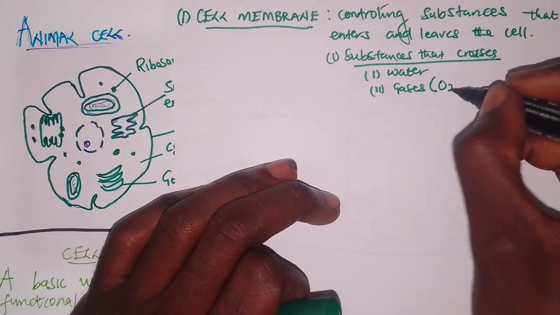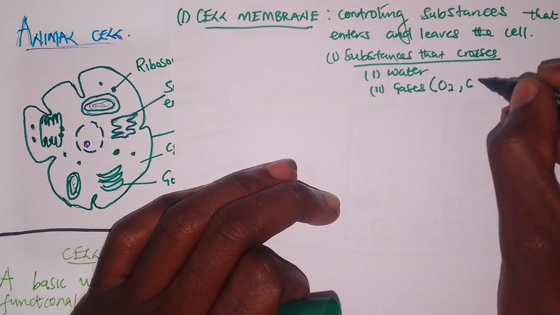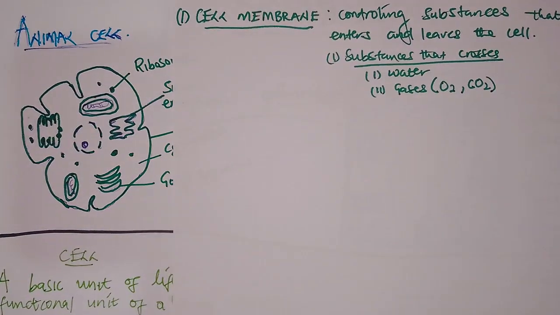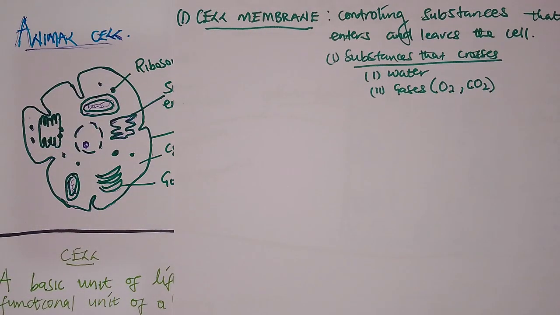Gases can be oxygen or carbon dioxide. We breathe in oxygen and we breathe out carbon dioxide. These substances cross the cell membrane because they are too small.